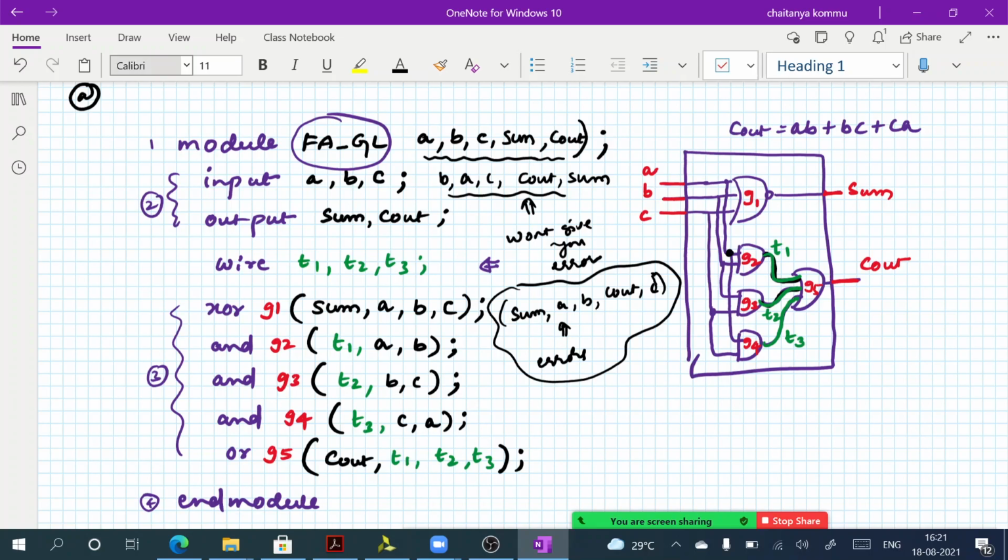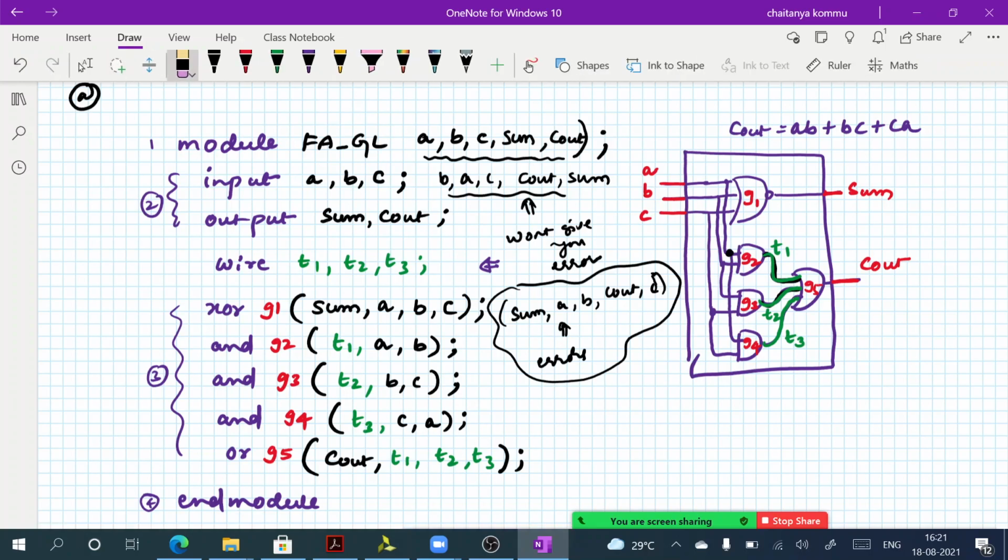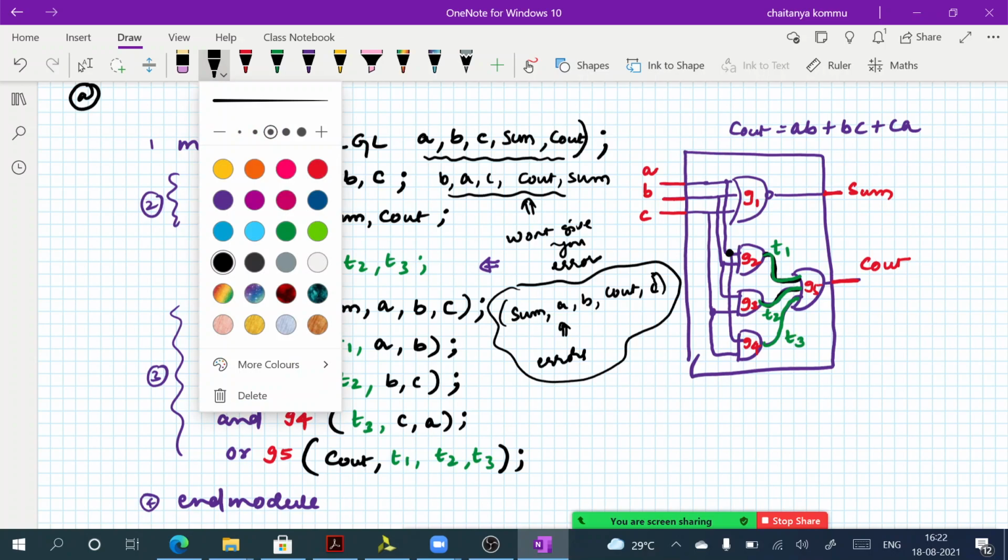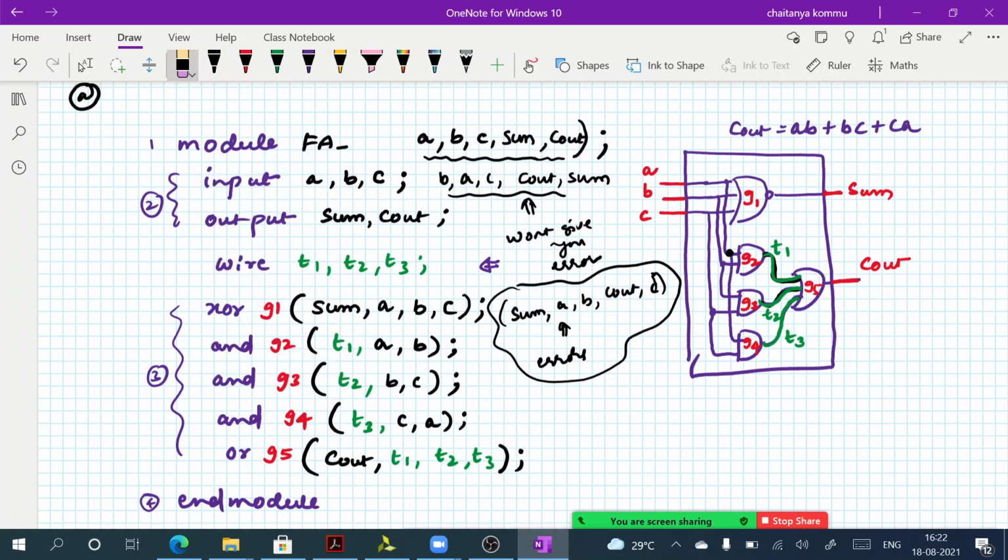So what is the modeling style that we are using here now? We are using the data flow model. We want to remove this one. Data flow. DF stands for data flow, for the sake of simple understanding of this one.